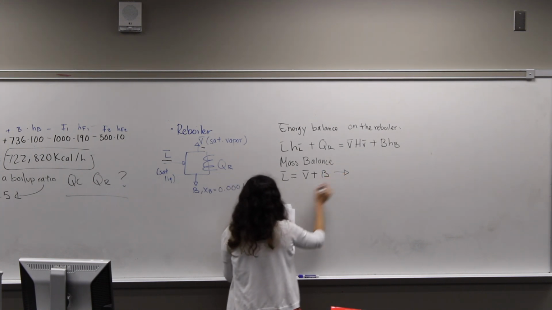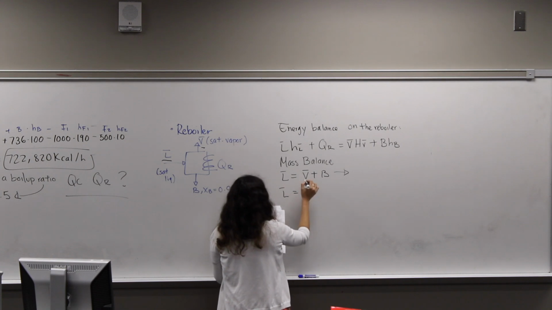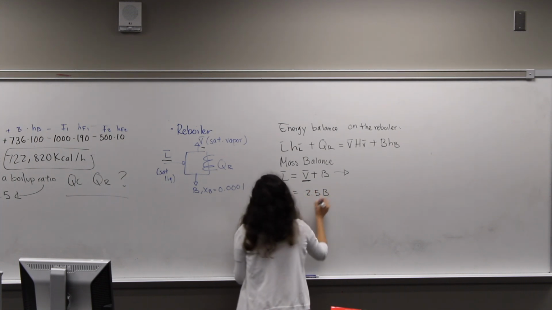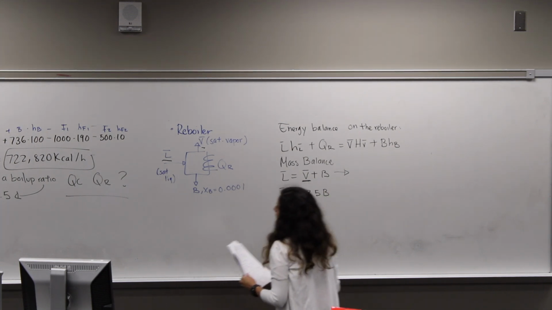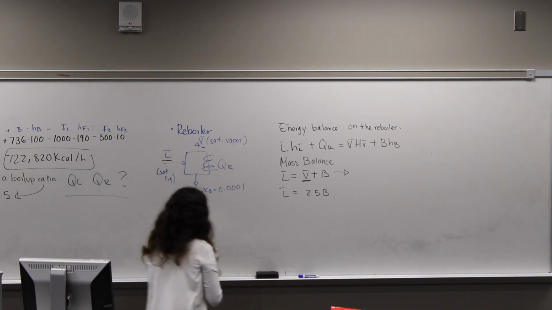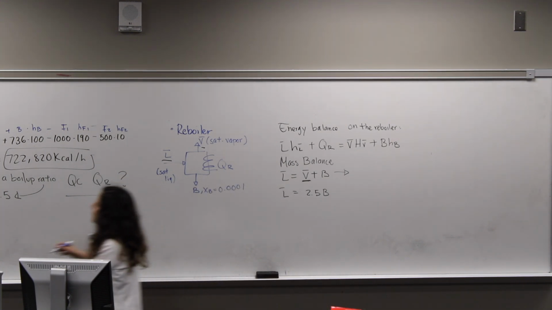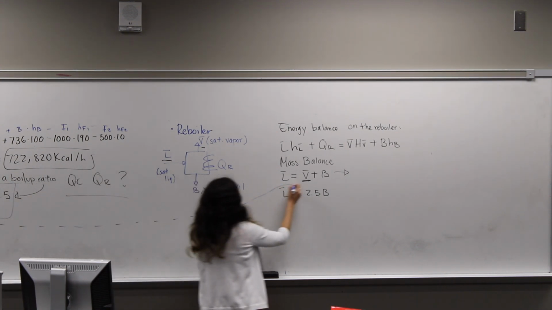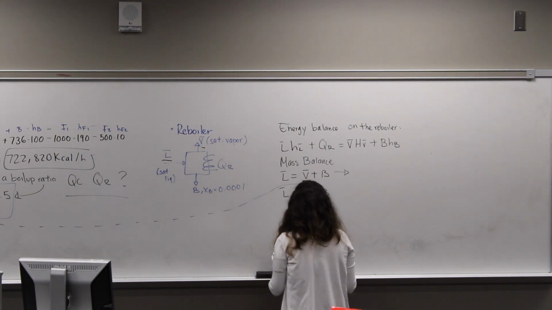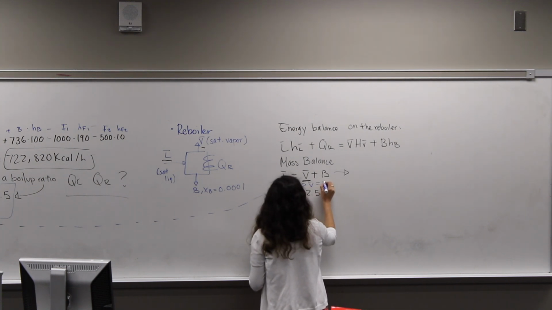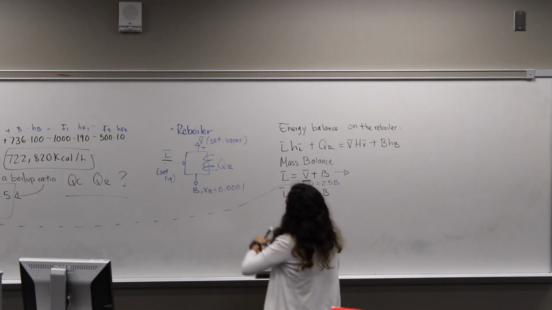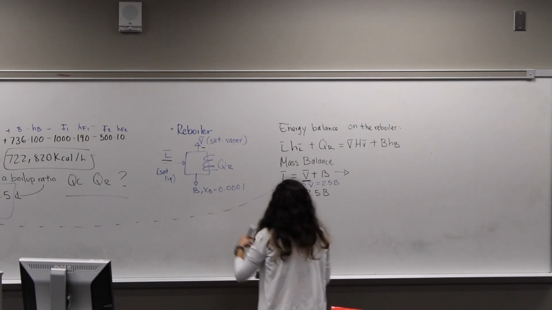And I know that B, the vapor, is 2 times the bottom, right? That's what we define in here. That's how we relate the saturated vapor with the bottom.